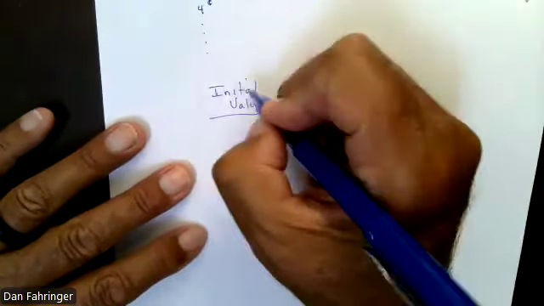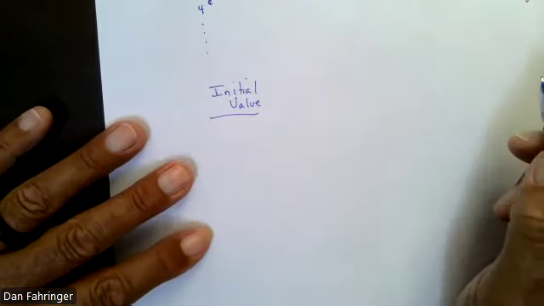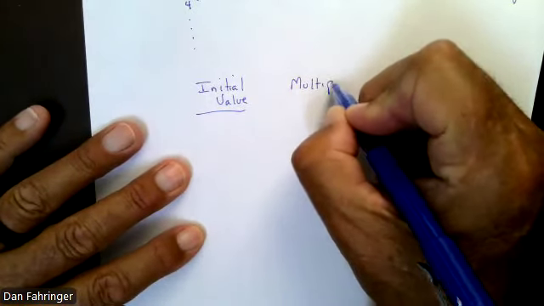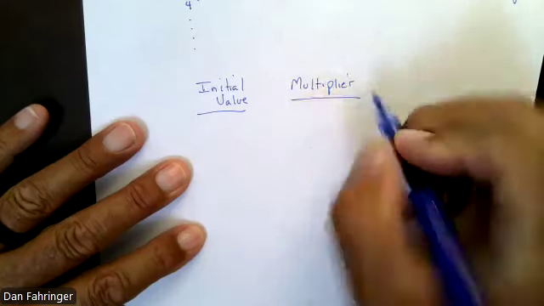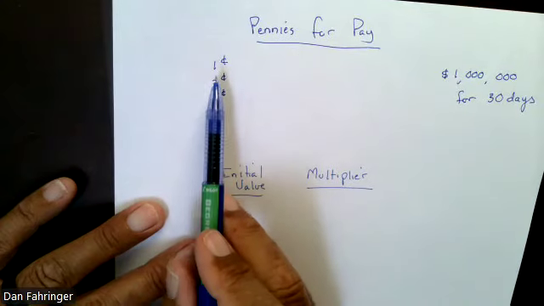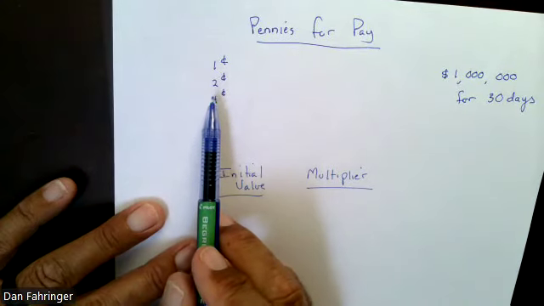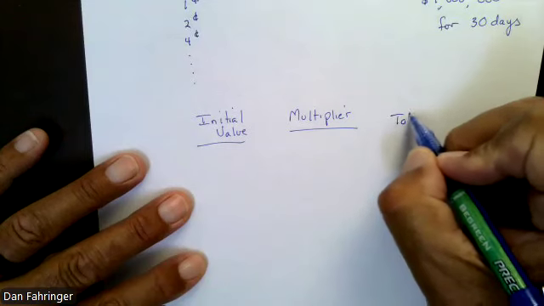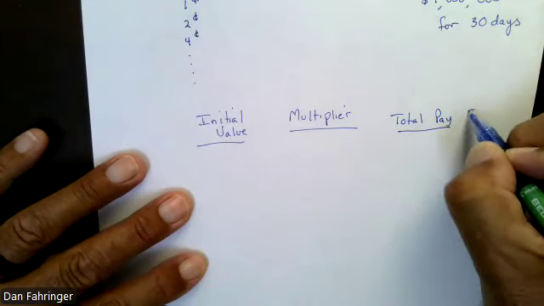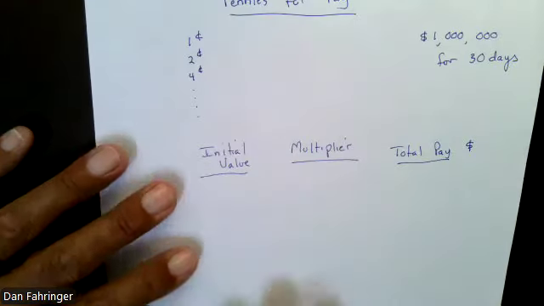You're going to ask for a multiplier. Up here, my initial value was a penny. My multiplier was 2. And then what would that total pay be? And I want that total pay to be dollars, not pennies.